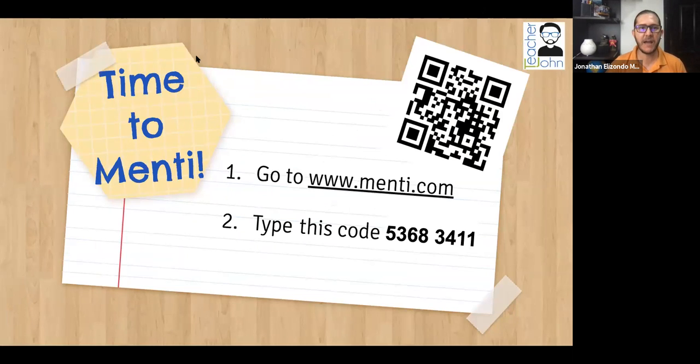If you have your phones with you, you can just scan that code and go to menti.com. There is a presentation I'm going to share with you in a moment. And if you don't have the phone, you can go to menti.com, and then it's going to ask for a code.